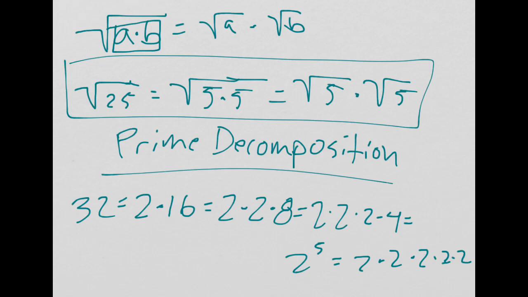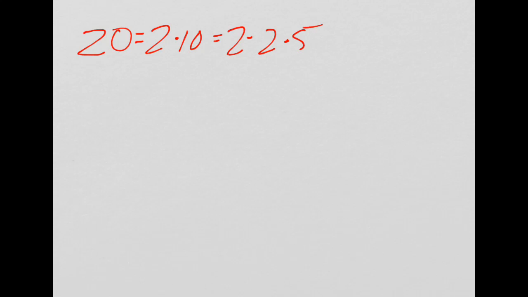Now that was kind of a stinky example because it's not always going to be the same number like that. So let me show you one more with a different number. Let's say 20. 20, again, it's even, so I can definitely divide it by 2. So I can write that as 2 times 10. Well, again, 10 is even, so 10 is just 2 times 5.